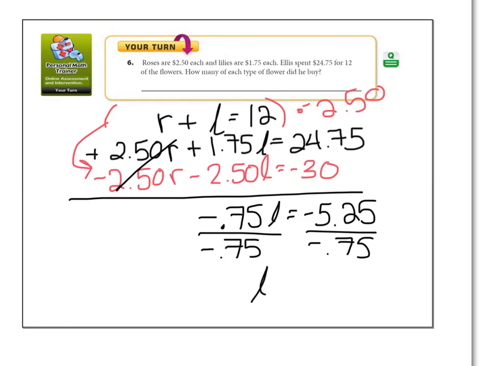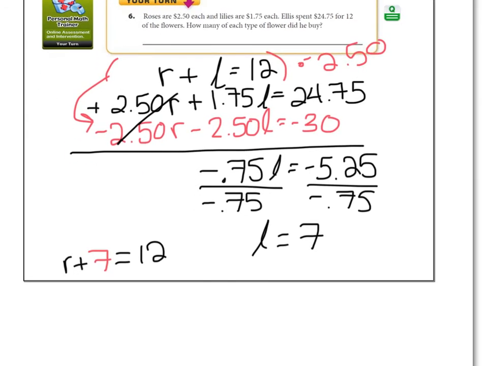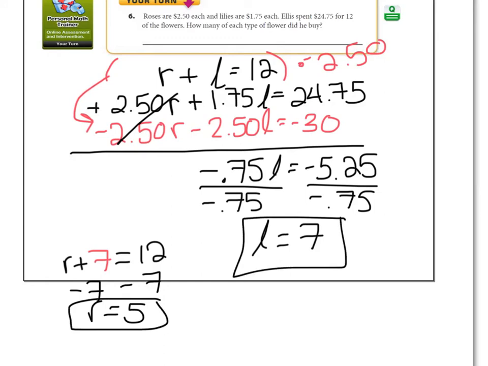And lilies equals 7. Now you could plug it into either equation. Hopefully you recognize the top one is the easier one. So R plus 7 for lilies equals 12, which means you have 5 roses. And there's your 2 answers.